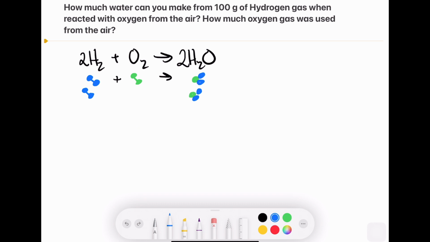So where does stoichiometry come in here? Well, stoichiometry is about predicting how much of a product you'll make or how much of another reactant you need in order to make things go together properly. So if I only had two actual hydrogen gas molecules here, I can see that I can only make two water molecules with that.